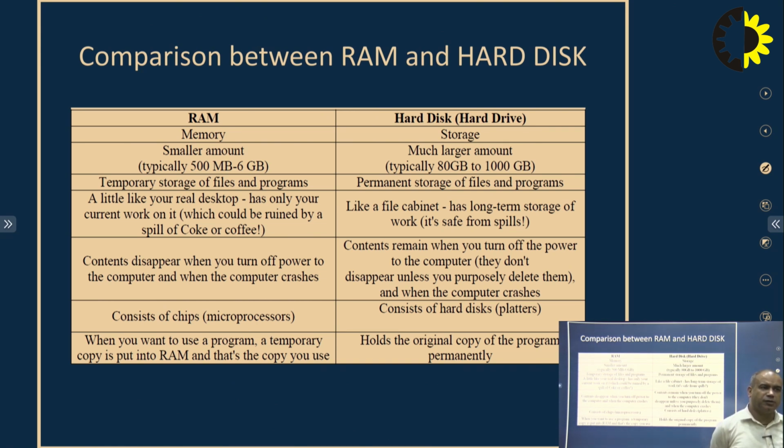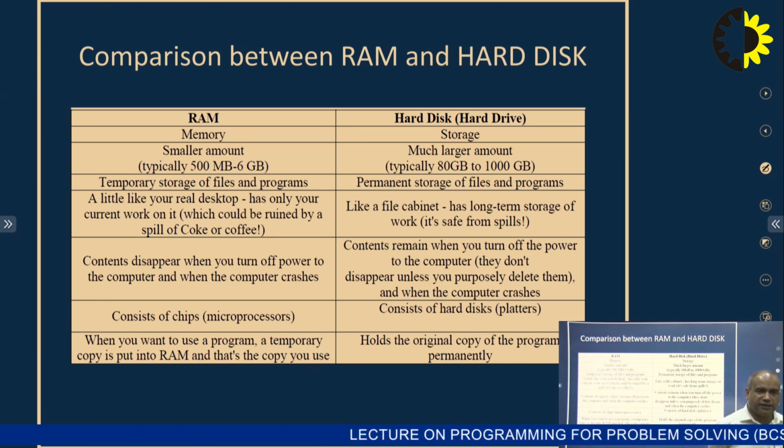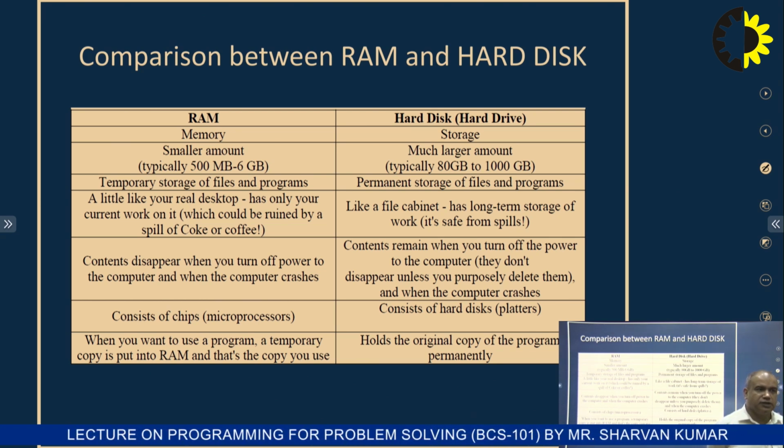The RAM content disappears when power is turned off or when the computer crashes, while the hard disk content remains and keeps the data even when power goes off, except if the hard disk crashes.